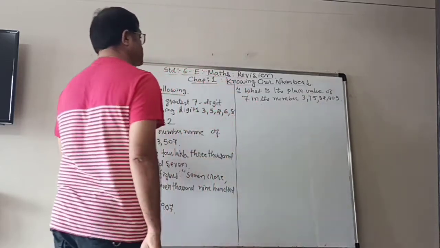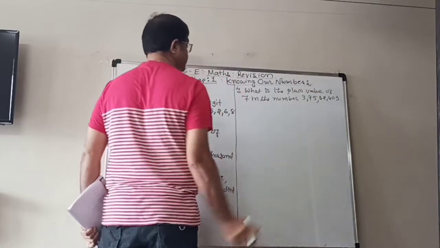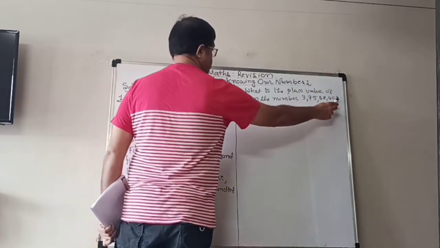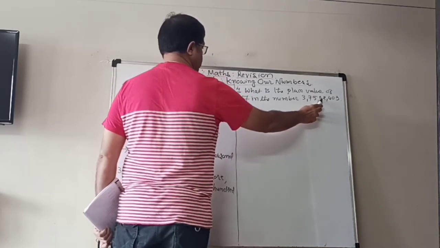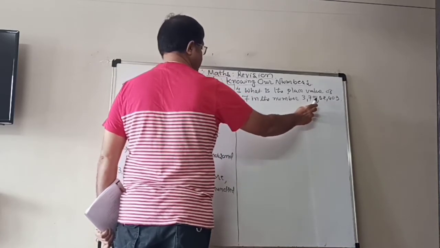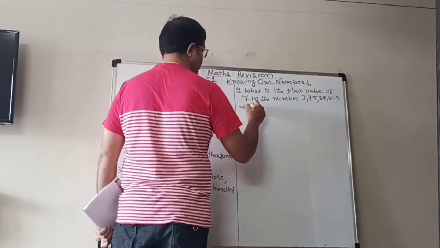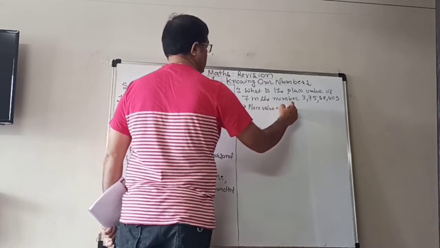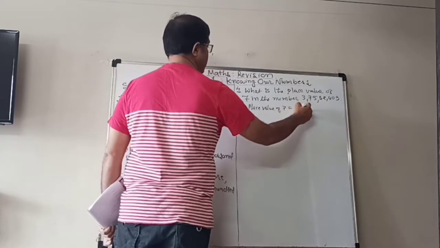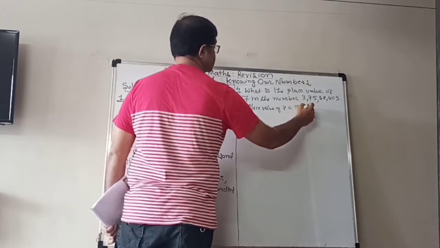So here, where is the 7? Which place is it? So we know that units, tens, hundreds, thousand, 10,000, lakh, 10 lakh. So place value of 7 is equal to 70 lakh.